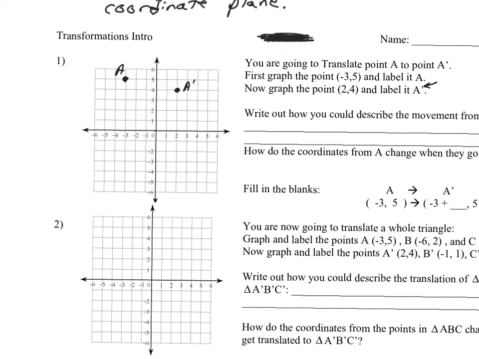So I'll get my laser pointer, and we start here at A. In order to get lined up with A prime, I have to move 1, 2, 3, 4, 5 to the right. So I go right 5, comma, and then from there I'm going to go down 1, and I land directly on A prime.